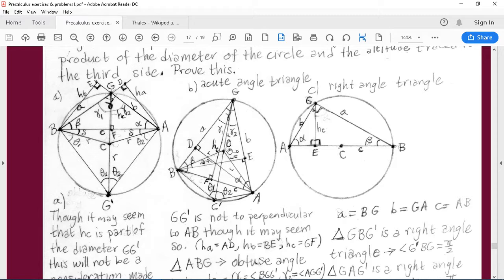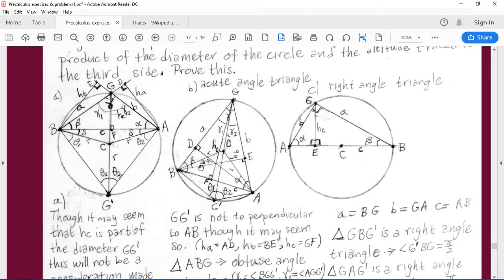And since CBA equals GBA minus GBC, that means that angle CBA equals beta minus gamma 1. In the same way, we have that angle CAB equals alpha minus gamma 2. And since CBA equals CAB, then we have that beta minus gamma 1 equals alpha minus gamma 2.